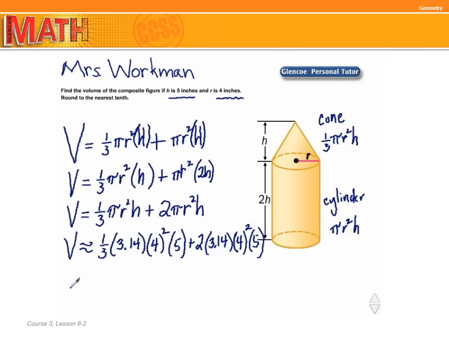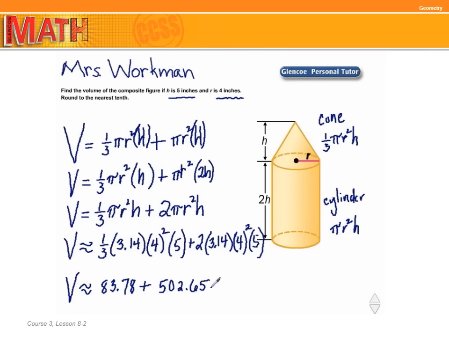Now that we've used our calculators, we found that the volume of the cone is approximately 83.78, and the volume of the cylinder is approximately 502.65.